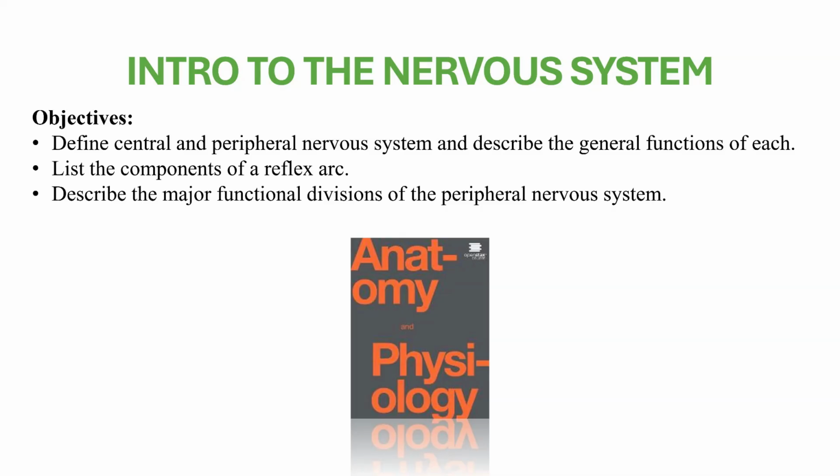You will learn the components of a reflex arc and the functional divisions of the peripheral nervous system. Finally, we will look at two specific examples of reflexes. These concepts form the foundation for understanding how our nervous system coordinates everything from basic reflexes to complex thought processes.